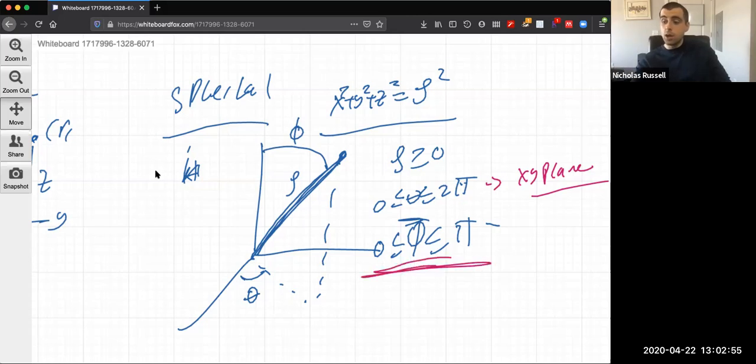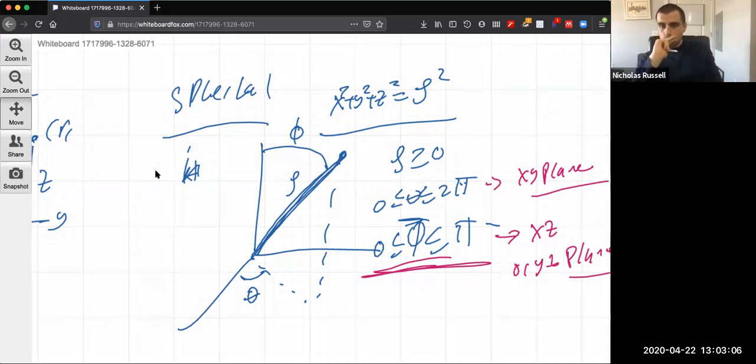For this phi here, we are going to project onto the xz or yz planes. And if I project them on there, I can start to think about what that angle is more formally.